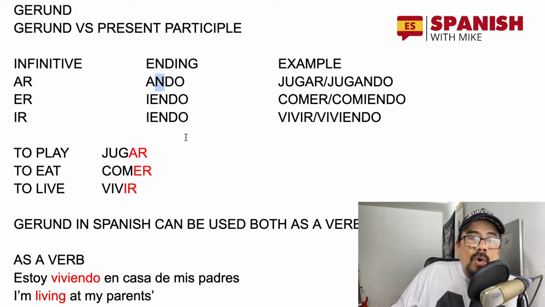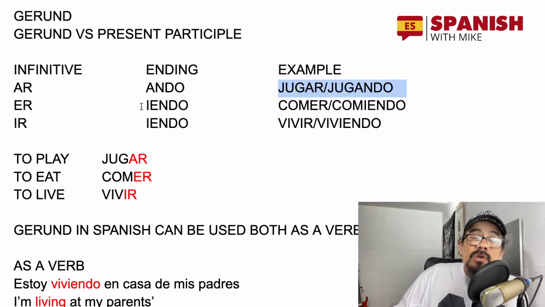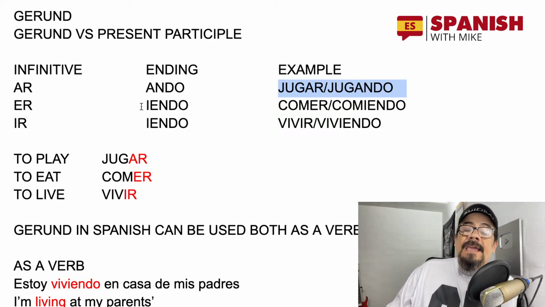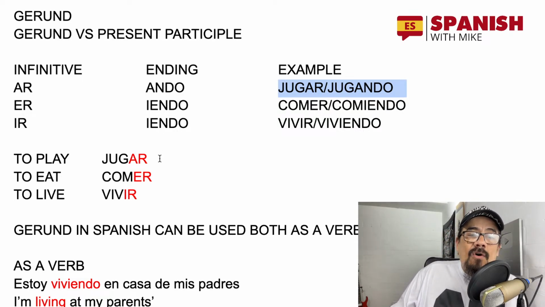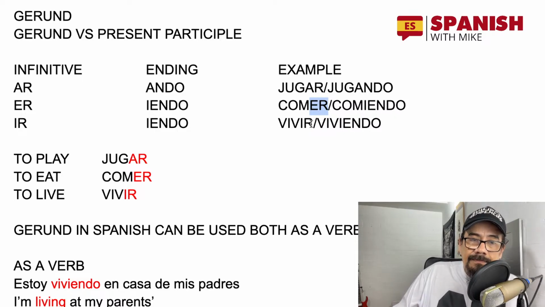So jugar, jugando. And for the er and ir verbs, regular verbs, remember, this is just for regular verbs, if the verb ends in er or ir, the ending changes to iendo. So I have comer, it ends in er, I replace it with iendo, comiendo. Vivir, viviendo.